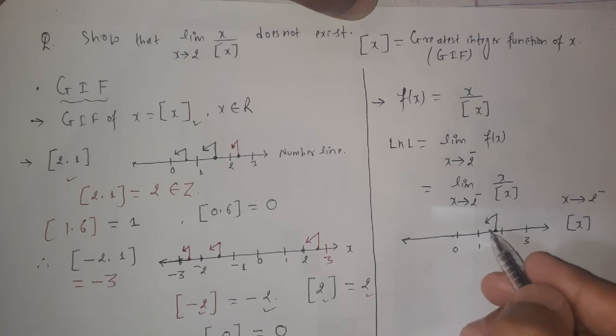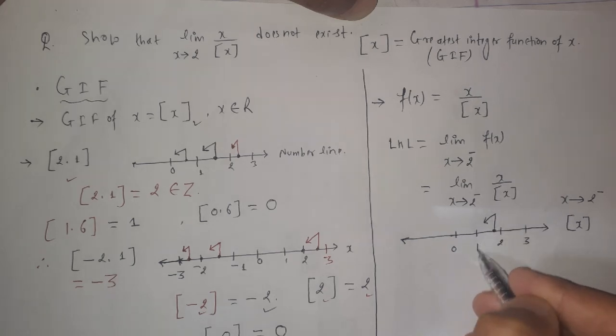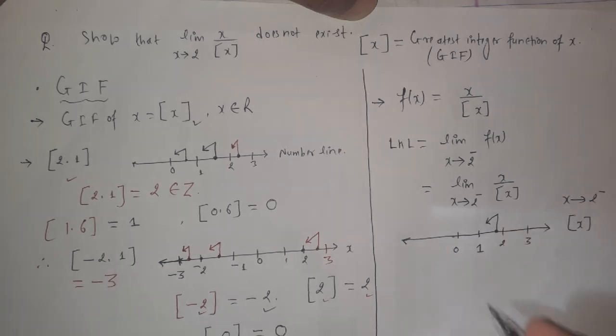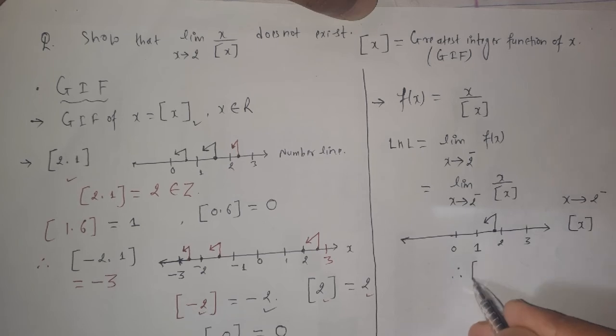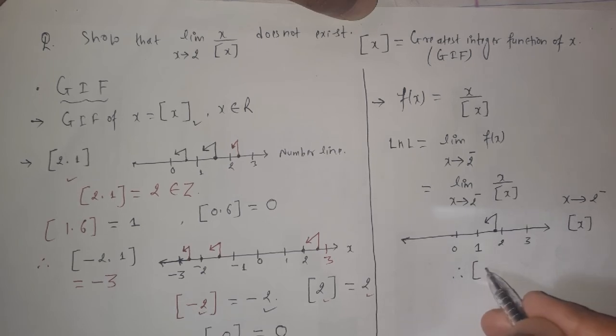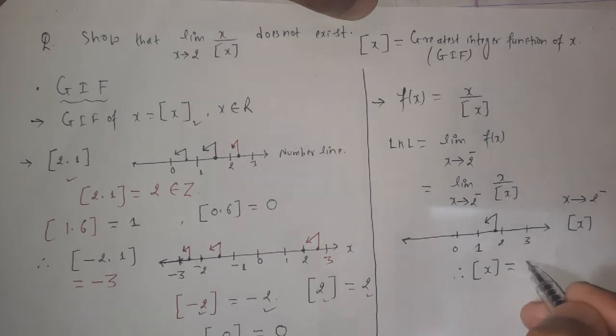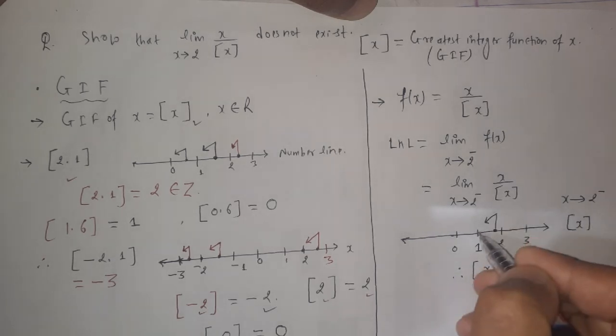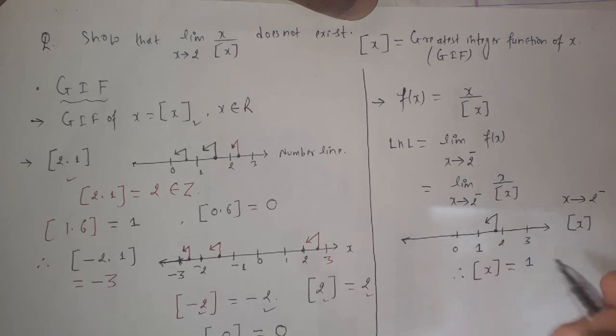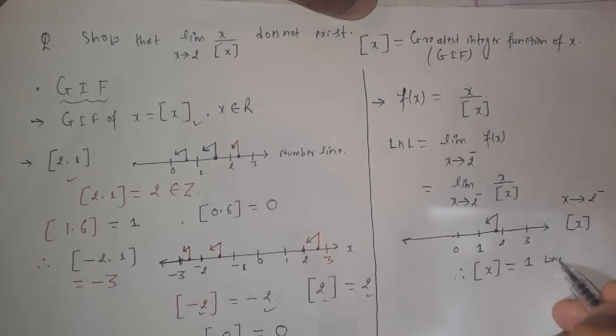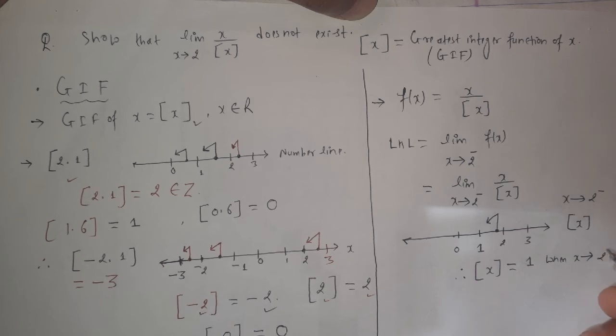Here the nearest integer value is 1, so the greatest integer of the number x is calculated as 1 when x approaches 2 from the left-hand side.